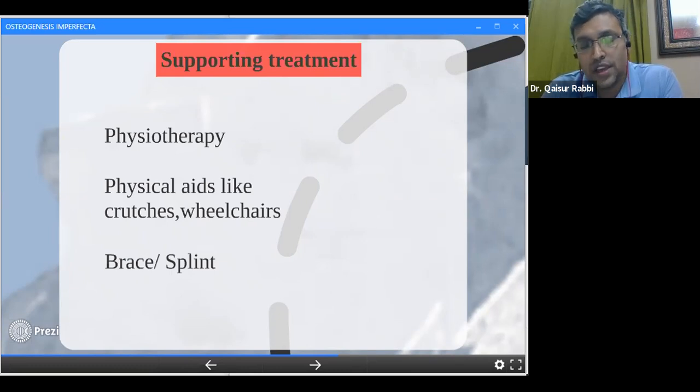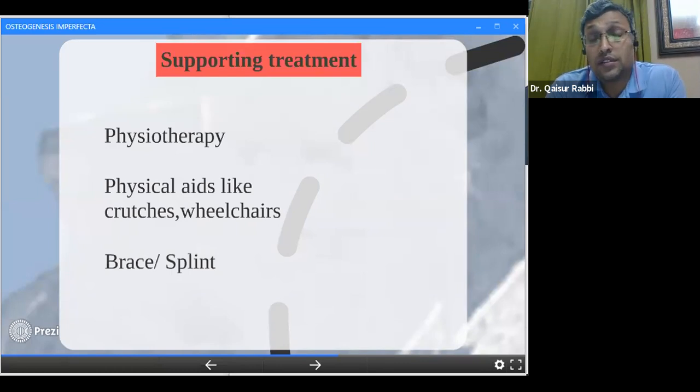Usually malunion happens. But what happens if we put the leg or foot or thigh into a brace is that the muscle becomes weak, and these weak muscles then cause problems. Another problem we face is that the long bones of the leg or thigh are bowing, and putting a special brace over the affected part sometimes becomes impossible.